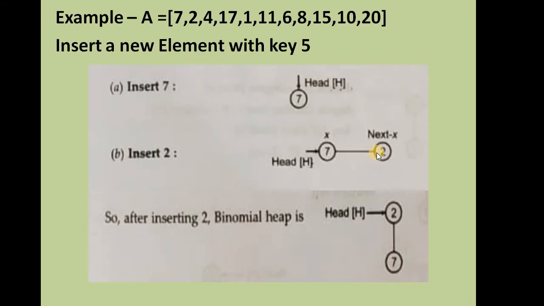So we will compare the keys of these two. The smaller one will remain in the root, and the larger one will become the left child of this 2. So now this is after inserting 2. You can see 2 is in the root and 7 became the left child of this 2.